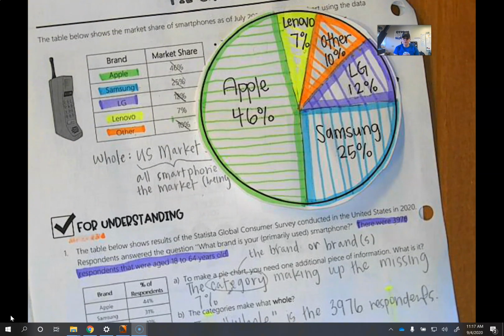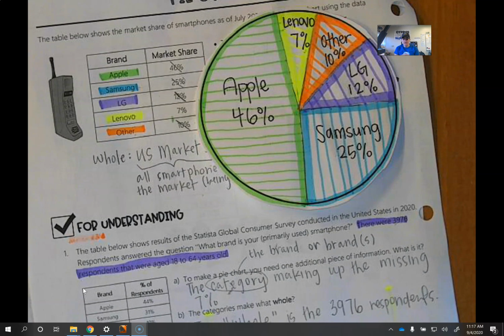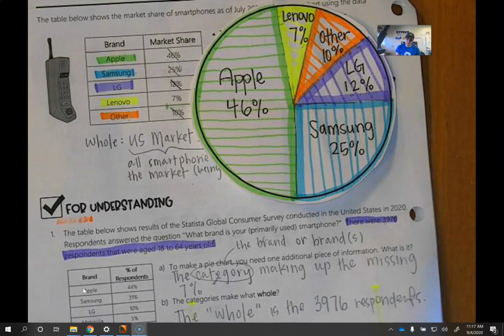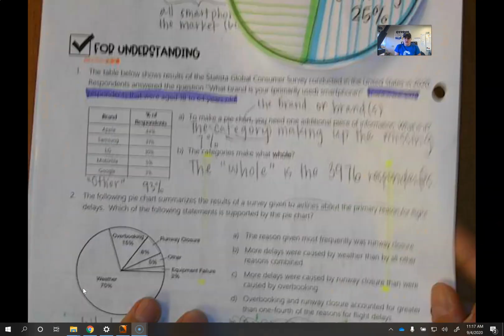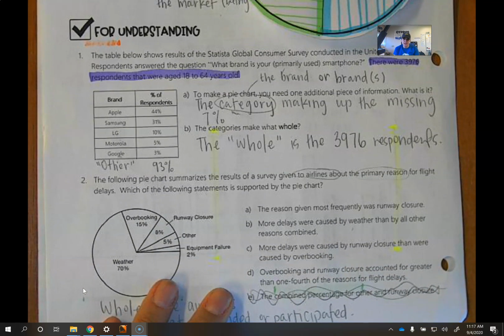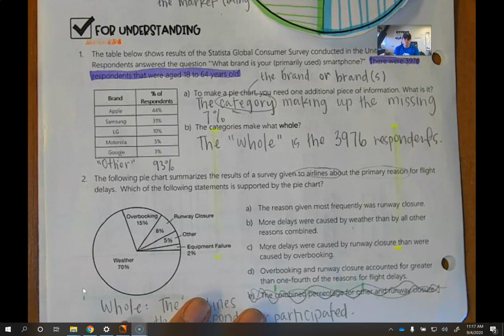Okay, hopefully you really paused and tried to figure out what the whole was in this case. So in our pie chart, we have the primary reason for flight delays. Well, which flights are being delayed? We only know about the flights of the airlines who responded. So this isn't every single flight ever.